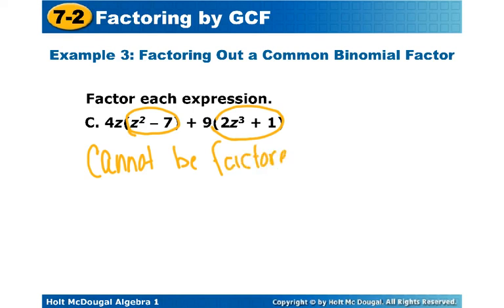Now, I just want you guys to know that you can't just always say something cannot be factored. You actually have to go through the course of looking at the problem, determining if it can be factored or if it can't be factored, okay? So don't just think that just because you can't see it, it's not there, okay? Some of them are plain and simple where you can easily know it can't be factored, but some of them you sometimes have to think a little harder. But in this case, this one cannot be factored.